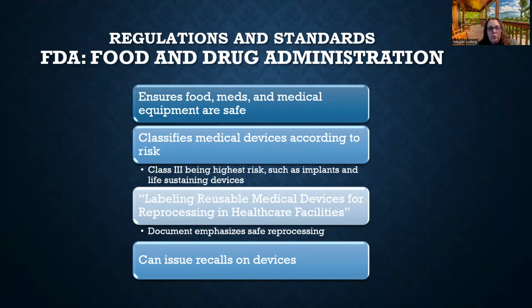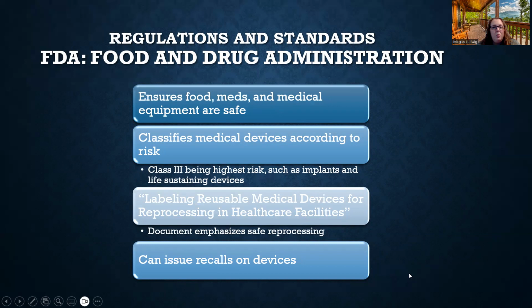It could render it unsterile even through the process. So just check that. And the opposite, you don't want to throw it away if it could be reprocessed. So that's wasting money. And we just talked about in your discussion post going green and making medical waste a whole lot less. So always check those. The FDA can also issue recalls on devices.